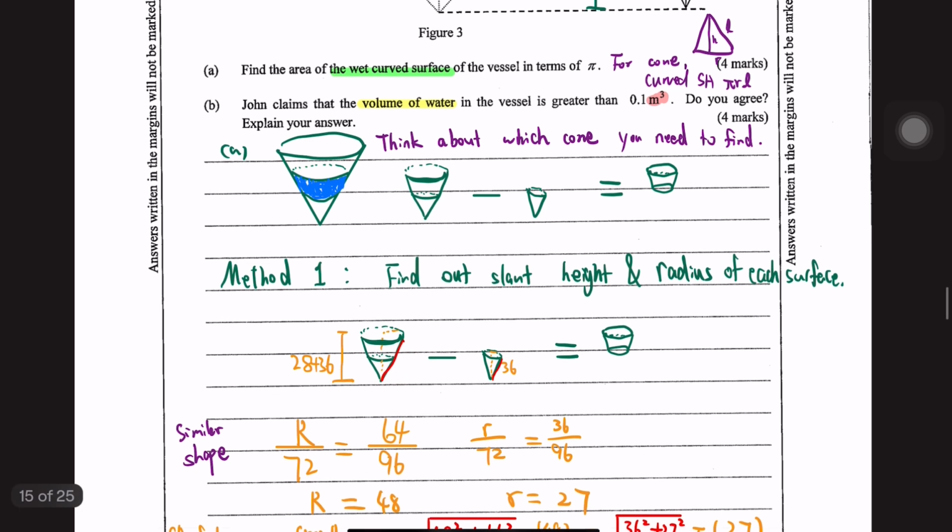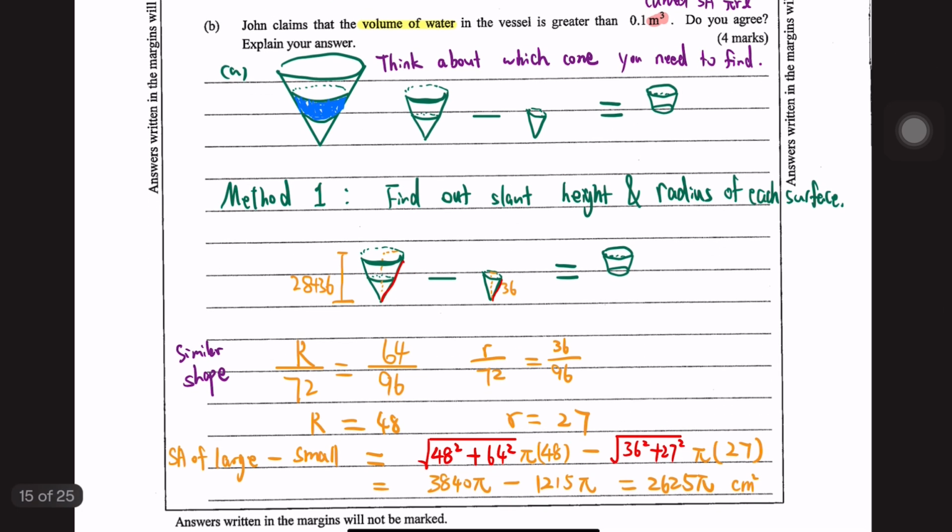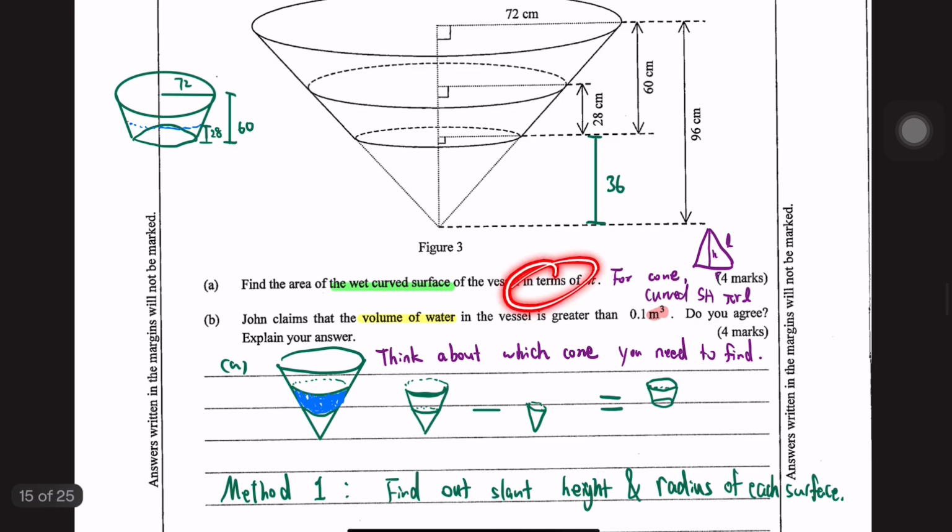We can just find it in one equation, using Pythagoras' theorem, because there are right angles here. 48 squared plus 64 squared, square root, we will have the slant height, times pi times r is the curved surface area of the middle cone, and then minus the smaller one, same Pythagoras here, and then pi, the radius, and you just calculate with your calculator, and we need to keep it in terms of pi, so you keep it in terms of pi.